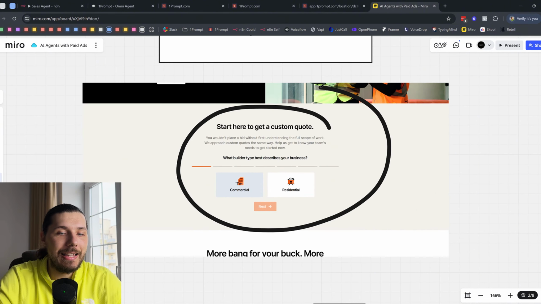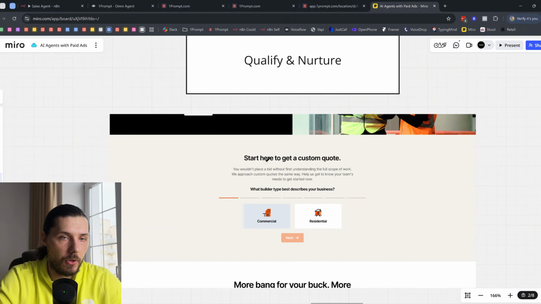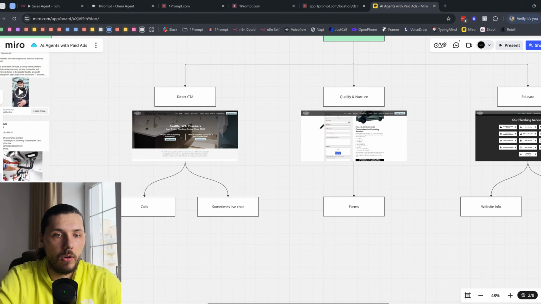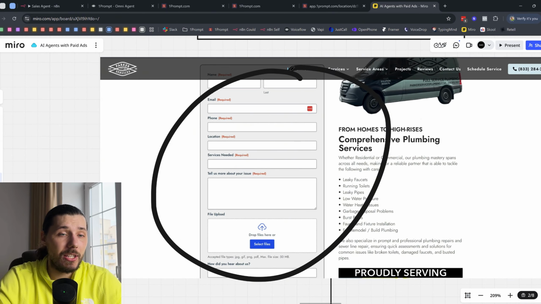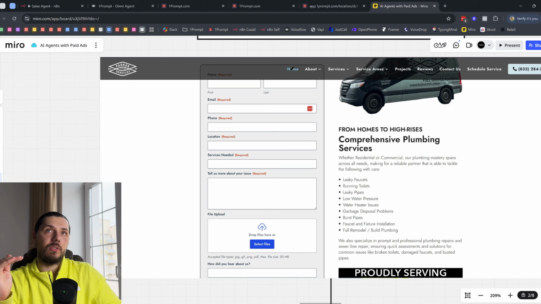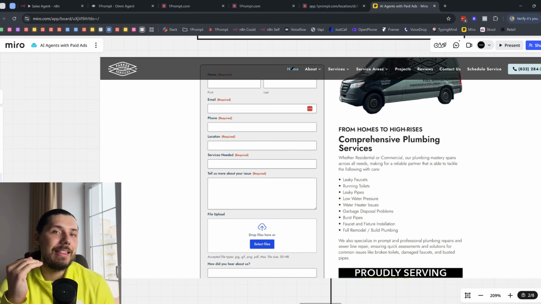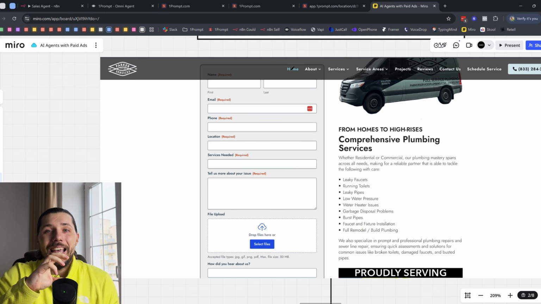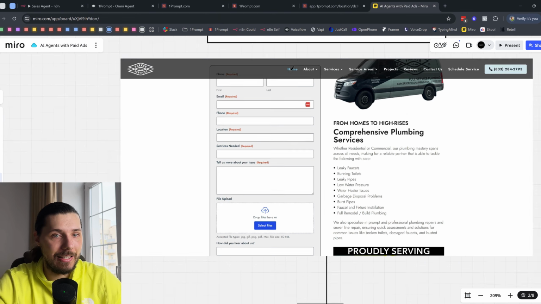So once they submit the form, either here or right here, because you're trying to automate this process, you need a way to get this information in and provide it to the agent as context, right?